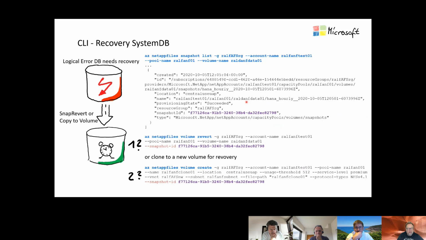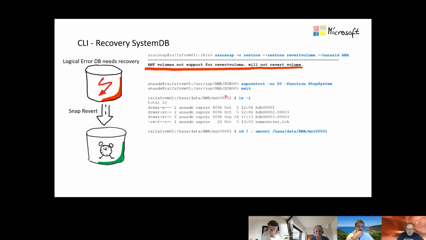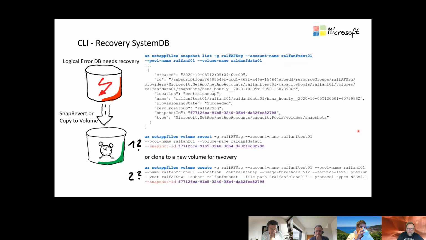I repeat this again. After your database is broken, unmount your volume. Decide on your recovery procedure. Number one is do a snap revert and overwrite the existing volume. Yeah, so this is what we do with snap revert, overwriting the existing data. Or option two is creating a new volume out of your snapshot, and from there you go for the roll forward.